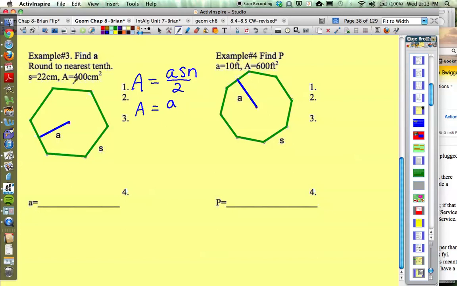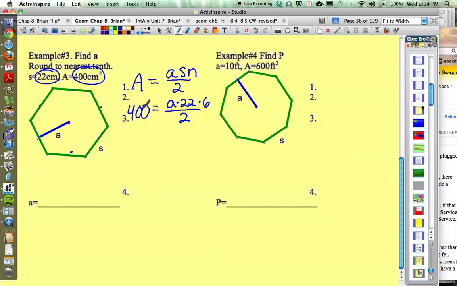We do have the side length, so that is 22, so times 22. And the number of sides: 1, 2, 3, 4, 5, 6, so times 6 divided by 2. Actually, I shouldn't have put the A here, because we actually have the area, and that is 400 square centimeters. All right, so there is our problem.